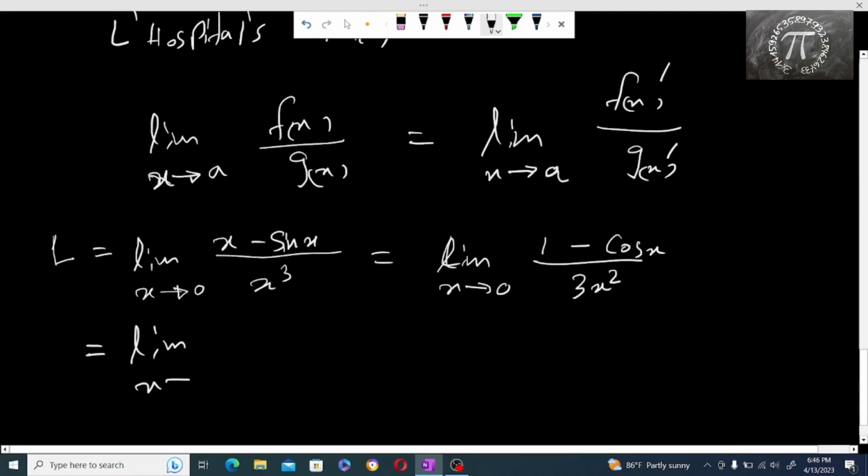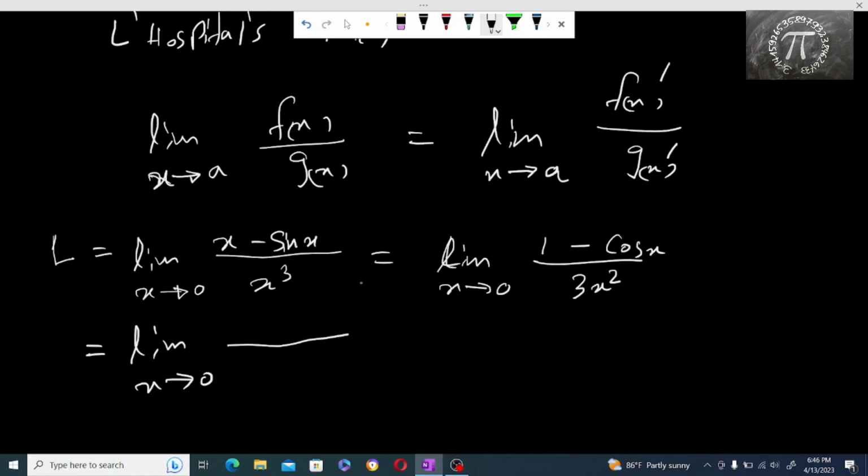Limit as x goes to 0. I am going to differentiate again. The derivative of 1 is 0, so it's out. Minus cos x becomes sin x.